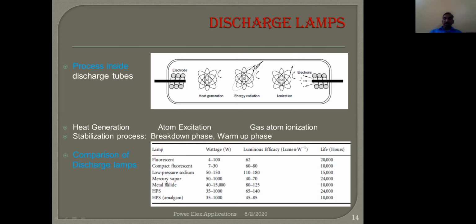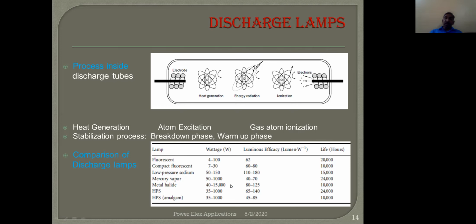Mercury vapor lamps generate quite some heat also. They are available up to 1000 watts, but luminous efficacy is not as good as fluorescent lamps. They give, we can say, bright light, but a better life of the lamp.